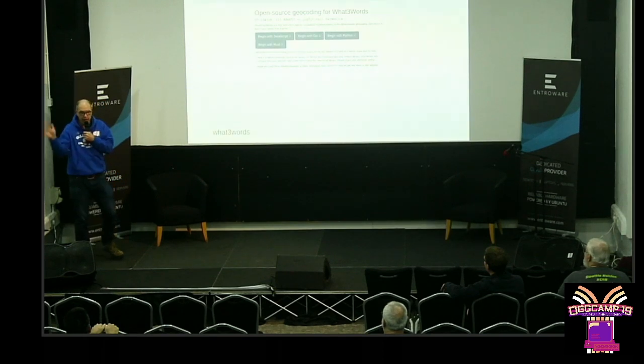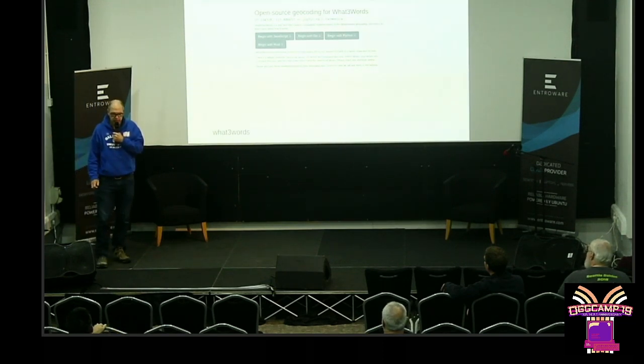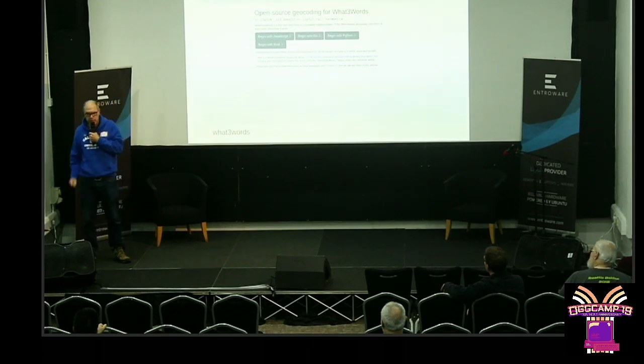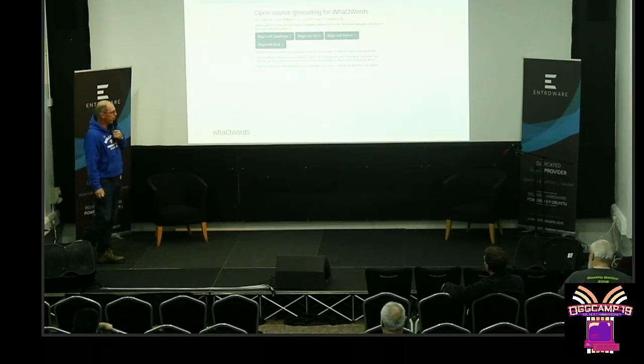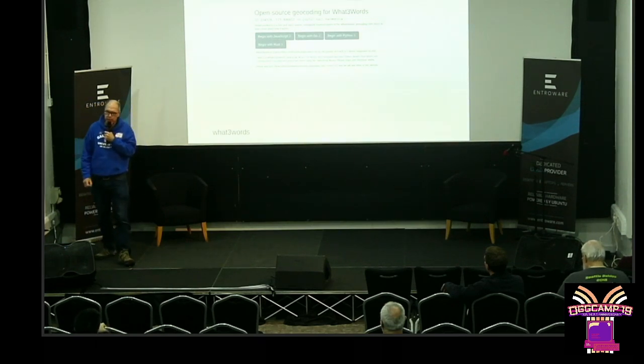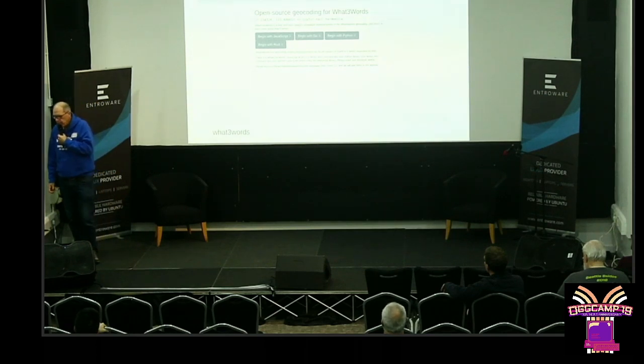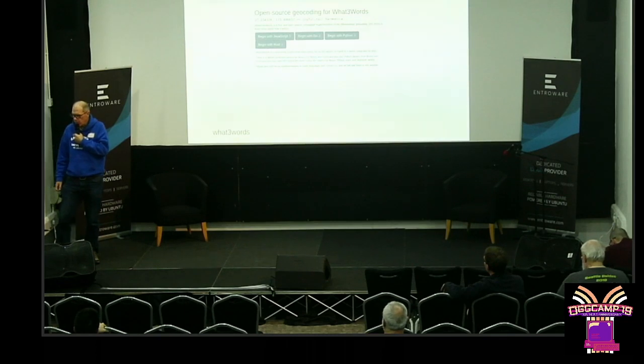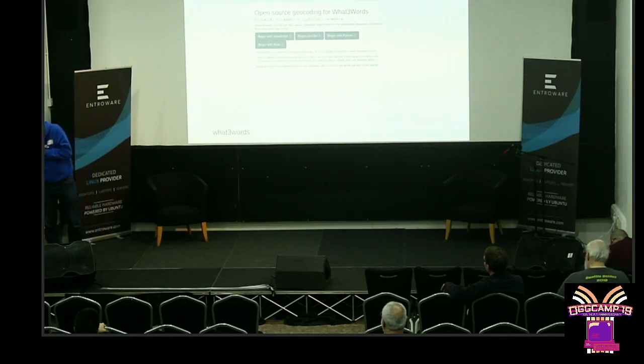There are other perfectly good encoding systems out there. I'd certainly suggest you look at plus codes. Plus codes are integrated with Google Maps, much easier to use. But you know, the What Three Words chaps are continuing to battle to try and open it up.